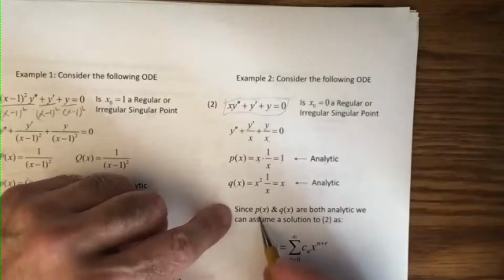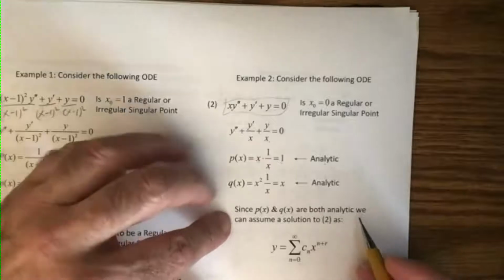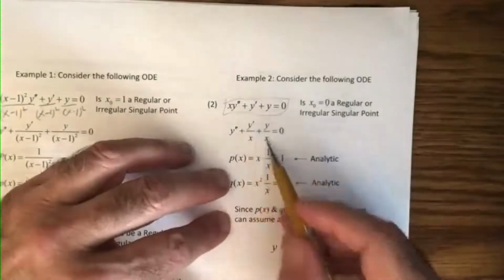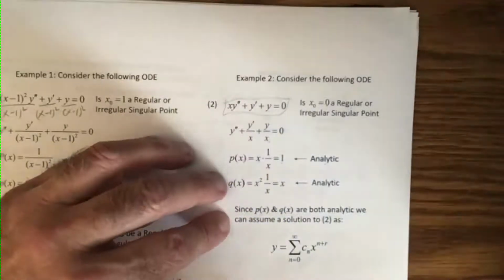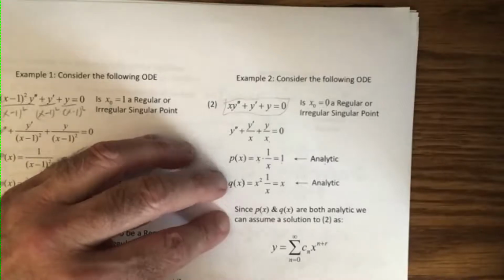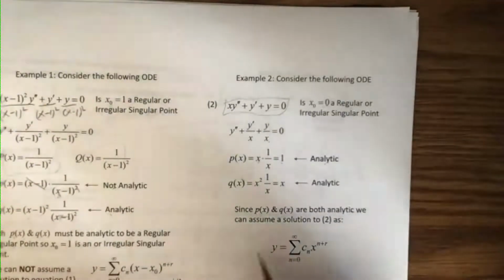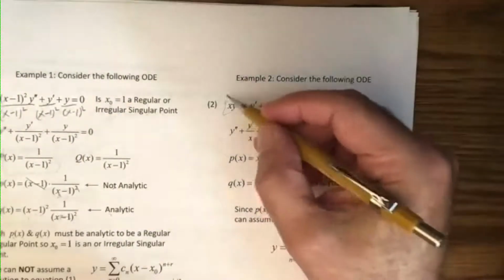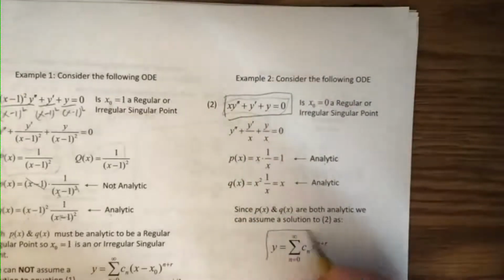Since P and Q are both analytic, the real definition of analytic is that these functions can be written in terms of a power series, but don't worry about that. As far as we're concerned, we're not dividing by 0.